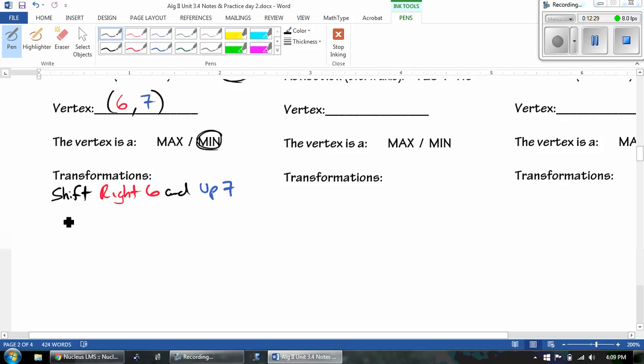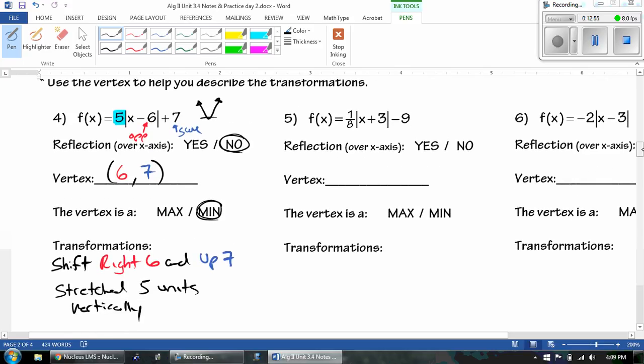So that 5 tells us that this is stretched 5 units vertically. And that's what we have to write because there is no reflection. Okay, so remember the vertex tells us if we have to be shifted right or left or up or down. And then the number out in front tells us if it's going to be stretched or not.